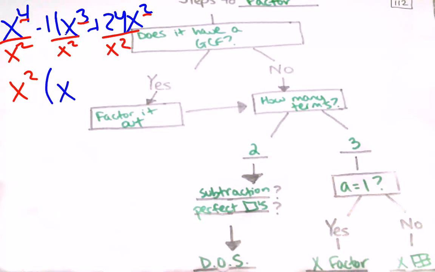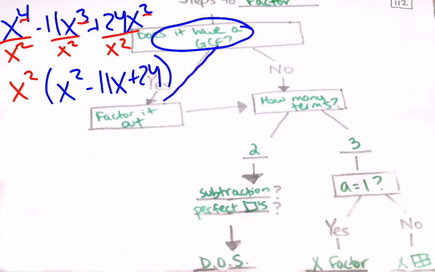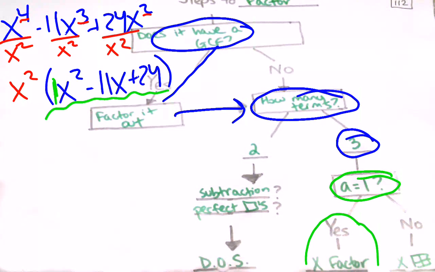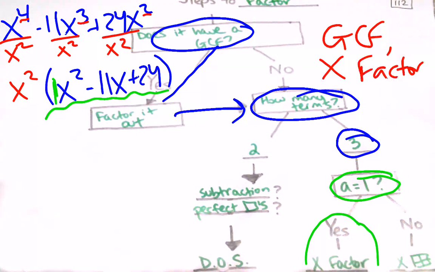And that would leave me with x squared minus 11x plus 24. So I did have a GCF. Yes, I factored it out. Now when I look at what's left, I have 3 terms. I need to see if A is 1. Inside my parentheses, A is 1, so I would try doing it with the x factor. So to summarize, it had a GCF, and then I would check to see if I can do it with the x factor, just what's left in my parentheses.